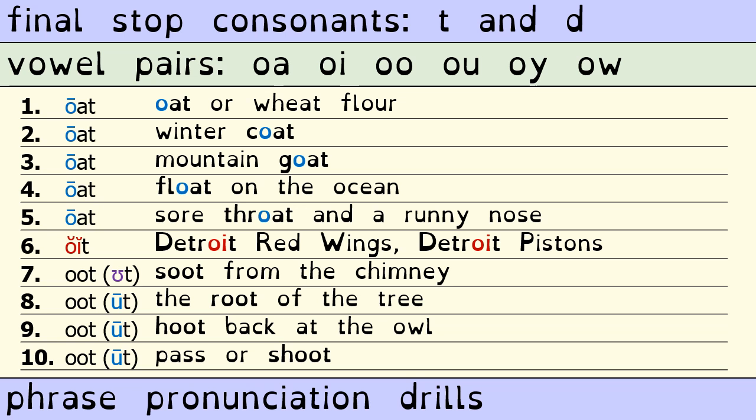Oat, float on the ocean. 5. Oat, sore throat and a runny nose. 6. Oit, Detroit Red Wings, Detroit Pistons.